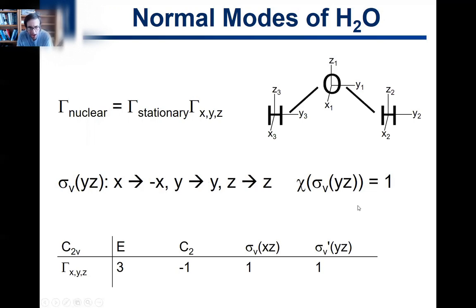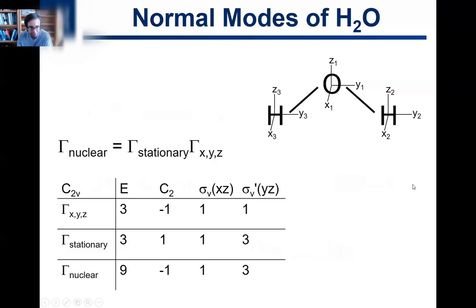Lastly, we do the YZ plane, and this is going to give you the same answer. It's just you had a -1 for X now and a +1 for Y because Y is in the mirror plane now. And that is how you figure out gamma XYZ. So our reducible representation for XYZ is 3, -1, 1, and 1.